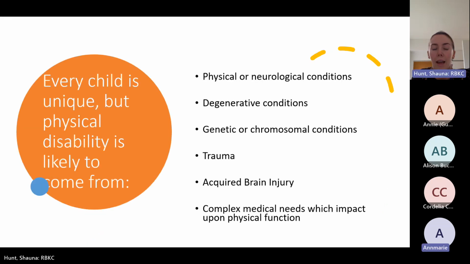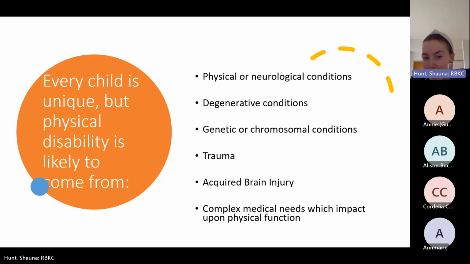Every child is unique, but physical disability is likely to come from a physical or neurological condition, things like cerebral palsy and epilepsy. It could be a degenerative condition, where the tissues or organs change for the worse over time, such as muscular dystrophy, a muscle wasting condition.